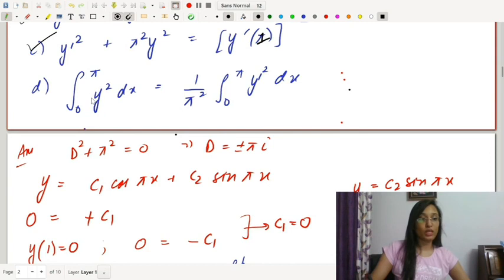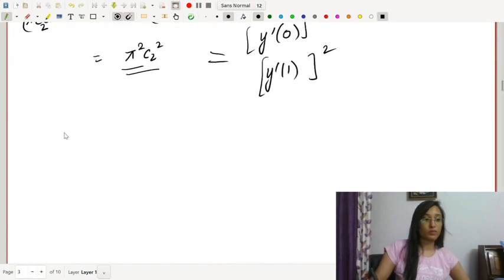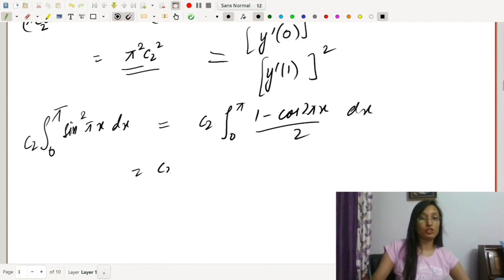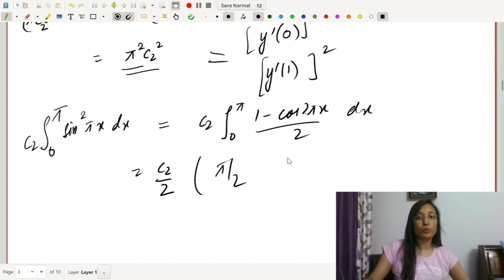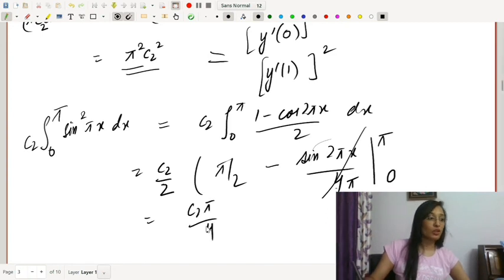Because in the interval 0 to 1 we can see integral from 0 to 1 of c2 square sin square pi x dx would be c2 square times integral from 0 to 1 of (1 minus cos 2 pi x) by 2 dx, which in turn is equal to c2 square by 2 times [x minus sin 2 pi x by 2 pi] from 0 to 1. The sine term will cancel out, which in turn implies c2 square by 2.